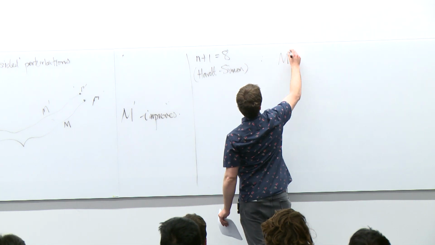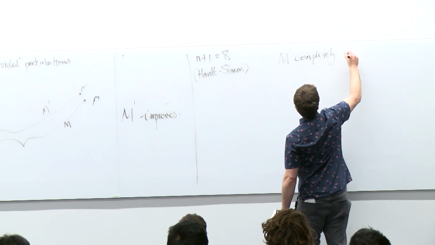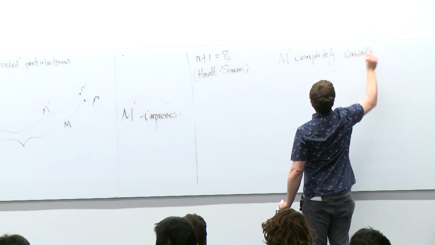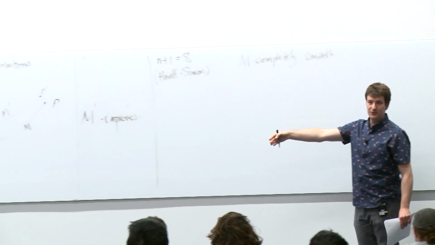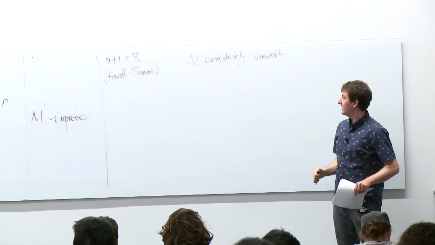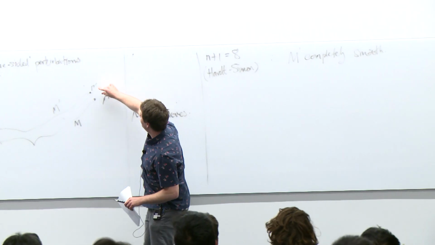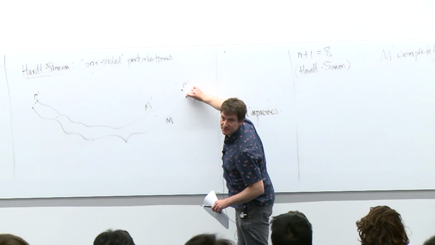Hart-Simon claimed that M prime is completely smooth. Right, so you found the perturbation so that the minimizer is completely smooth that you were looking for in the beginning. Okay? And so, of course, when I say M prime is completely smooth, I mean that for gamma prime sufficiently close. Right?